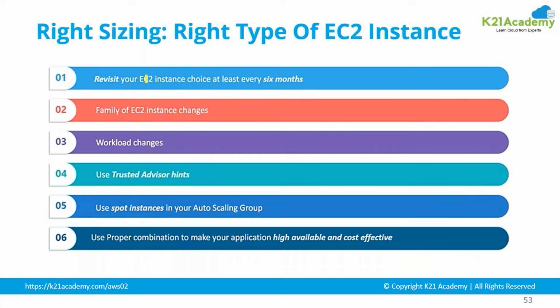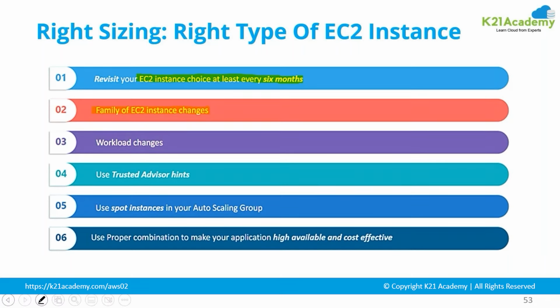Revisit the EC2 instance choice every quarter, I must say, not even every 6 months. I would say you do the revisiting every quarter. Try to use the appropriate family. If a new generation is launched for the family, try to migrate your system to a better generation family.